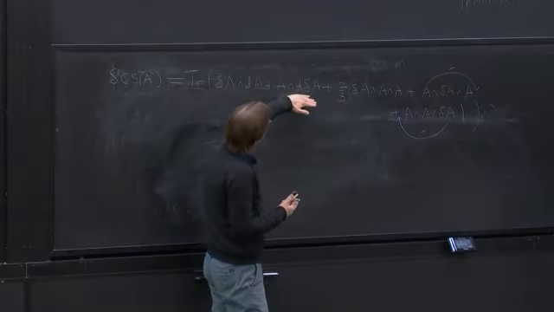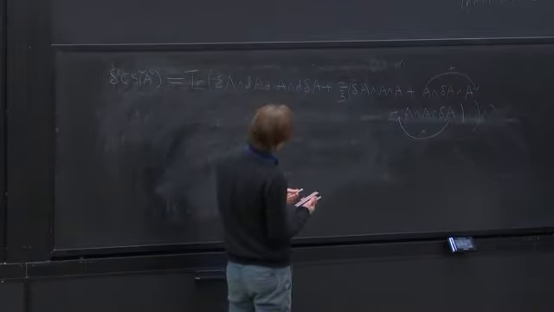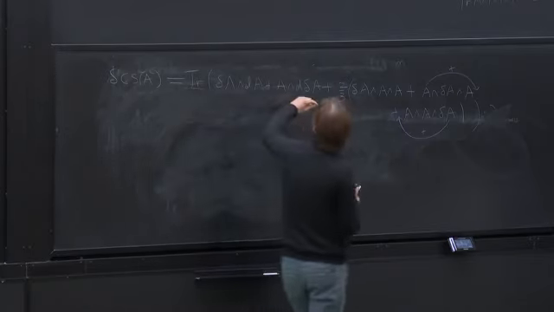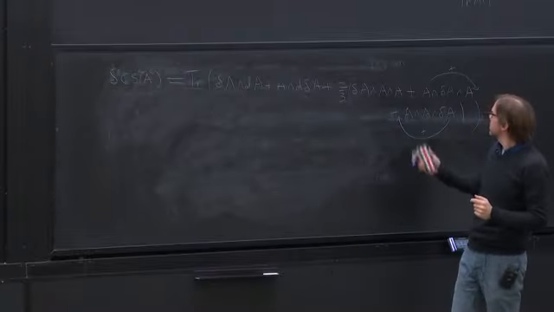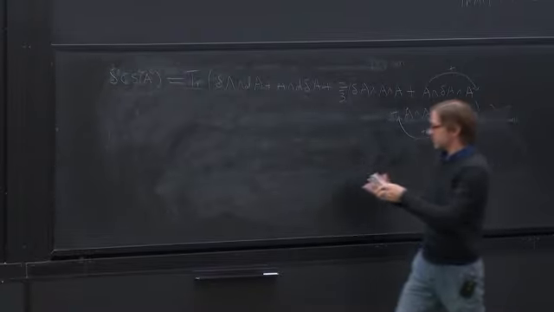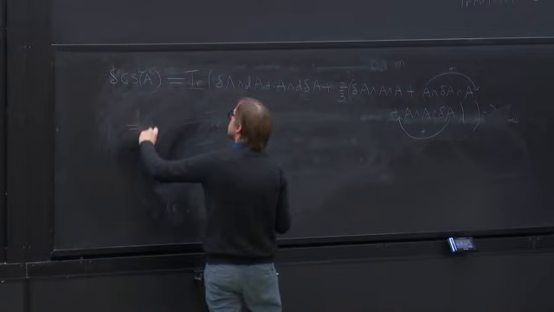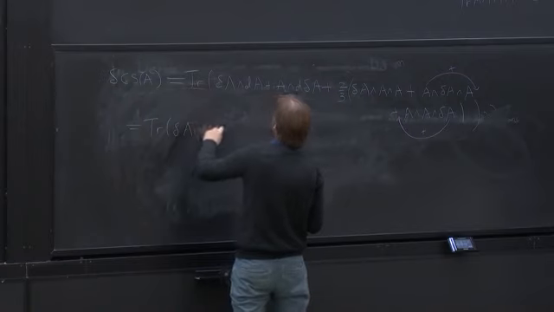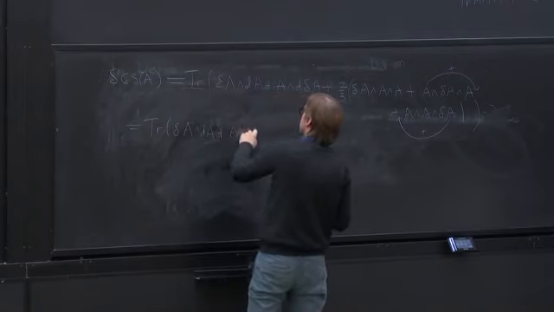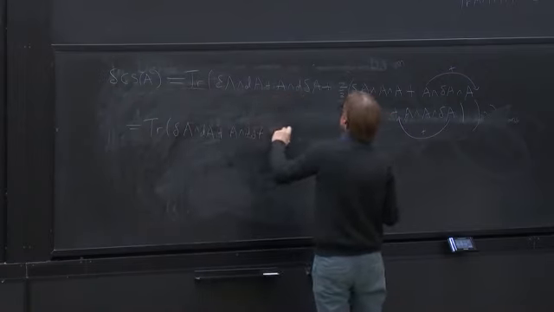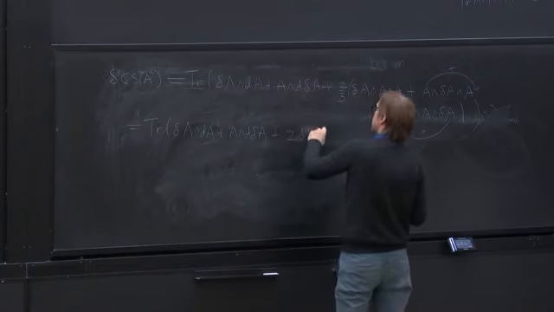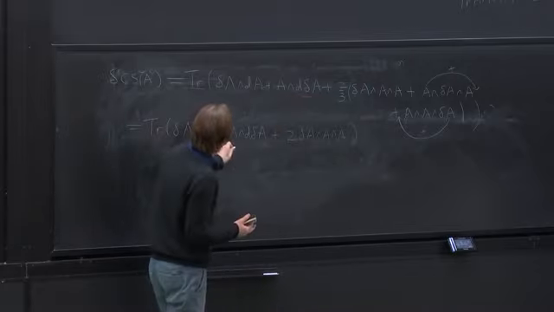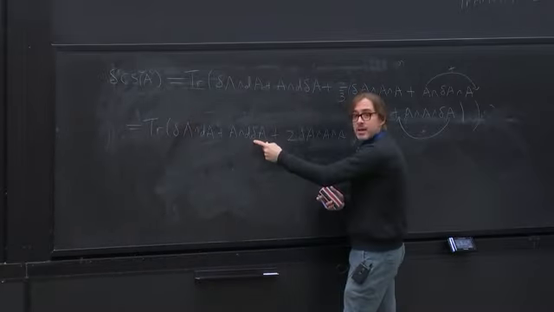For this one here, I want to use integration by parts. Let me rewrite this first: trace delta A wedge dA plus A wedge d delta A plus 2 delta A wedge A wedge A. Now for this one I want to move delta to the left.